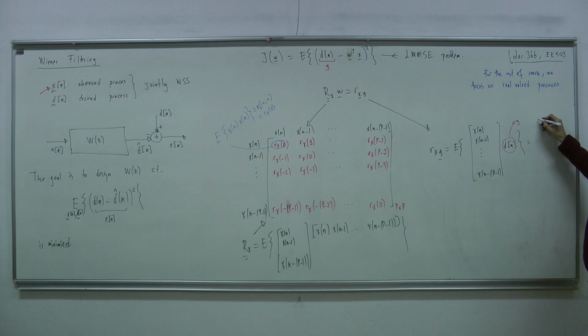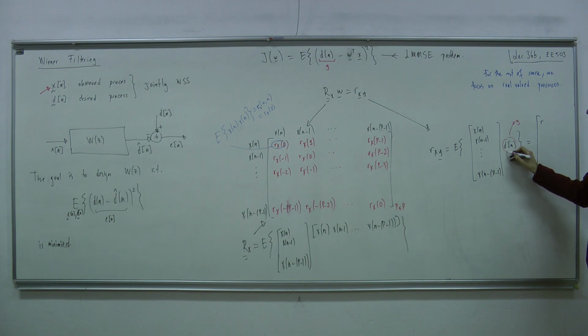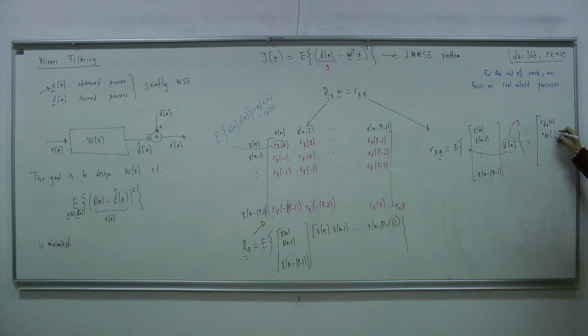So how about this? Then this is equal to, if I move this just to be compatible with Hayes, let me move it over here. I write r dx of 0, r dx of 1, up to r dx of p.